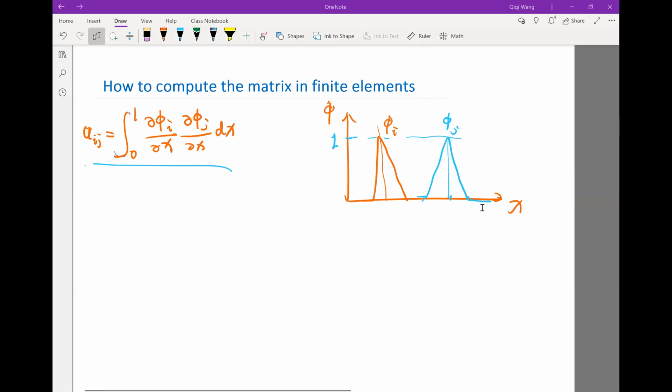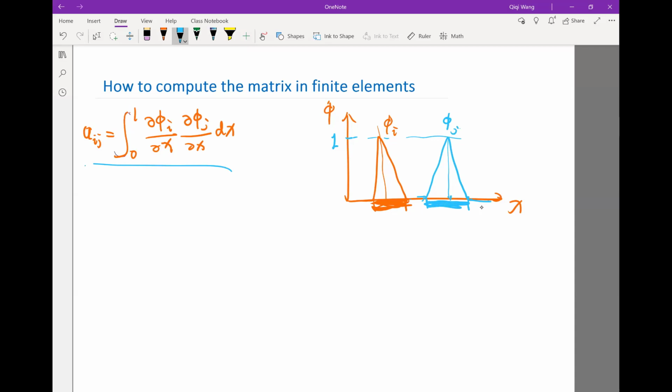Because if you look at the derivatives of the function, let me use red to outline the region where phi i has a non-zero derivative. It's this region. And the region where phi j has a non-zero derivative is in this region.